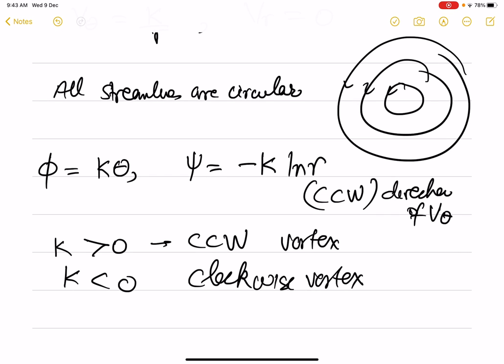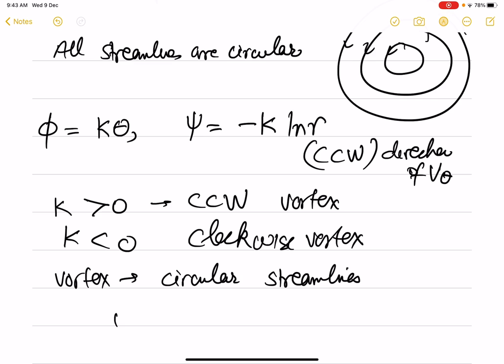Now, this flow is called a vortex flow because we have circular streamlines. But we notice that this flow is irrotational.